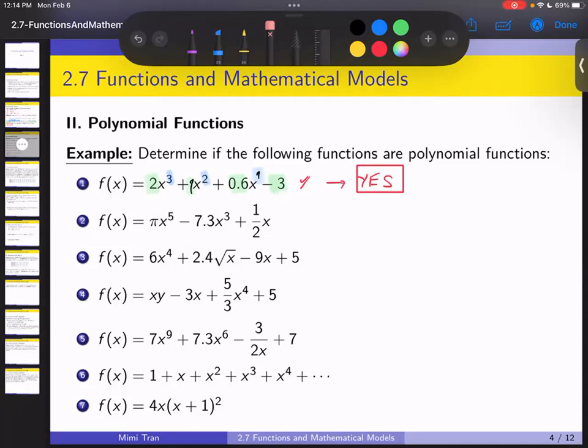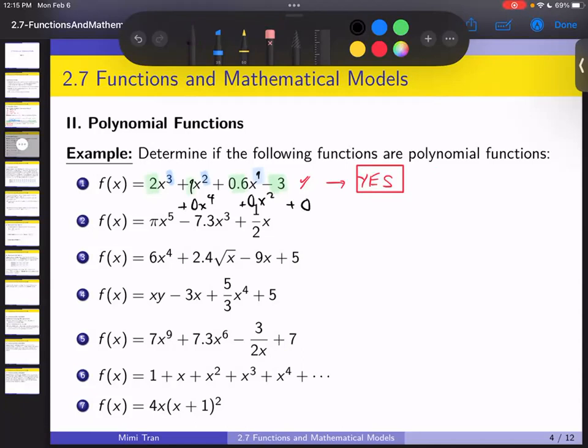The other thing that might make you uneasy is the missing degrees. I don't see degree 4 and 2, and I don't see the constant term, but that's okay. Because if I see a missing degree, I can replace it with what? 0. And 0 is a real number.